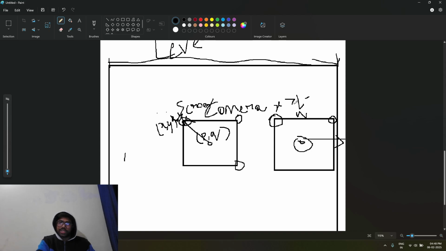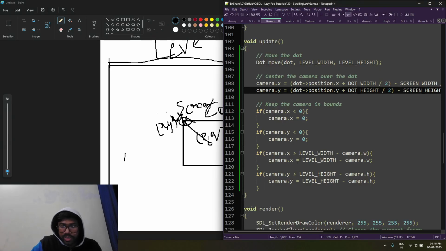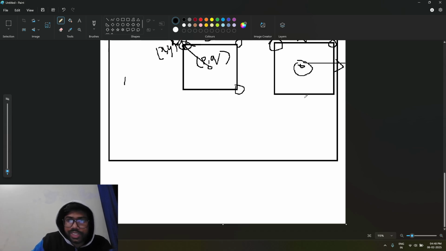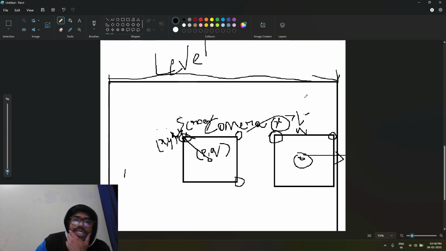If I subtract it, if x becomes greater than that, okay, so it allows, right? Level width minus the camera width. Say what is the maximum?